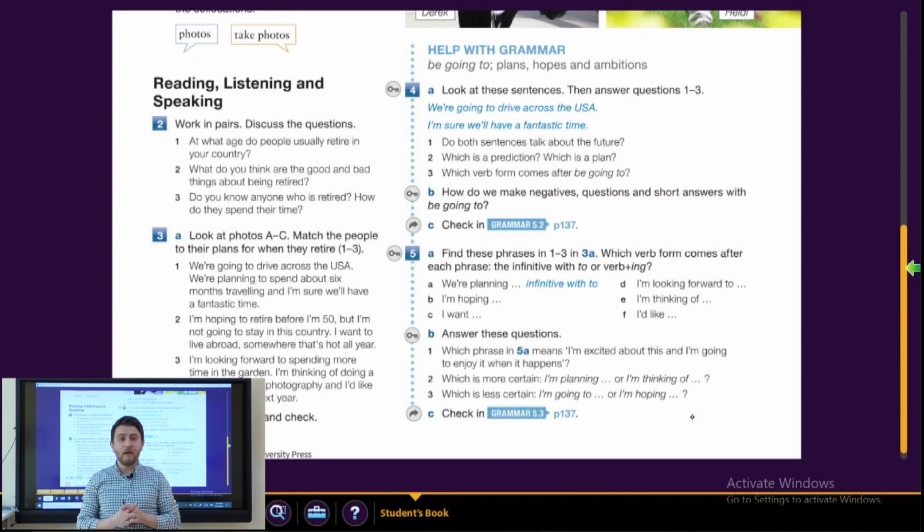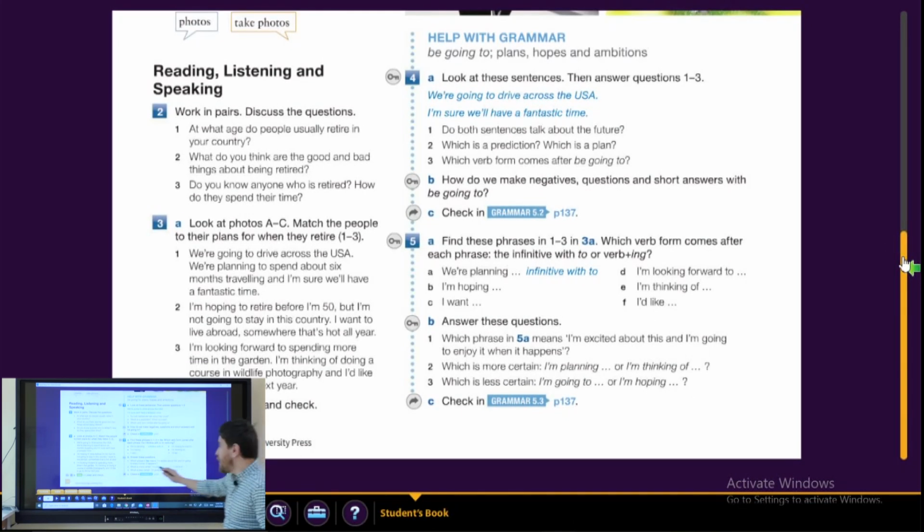Like I'm hoping to move. I haven't got that much hope, for example. What are you hoping to do? For example, here, what is she hoping? Oh, sorry, I'm hoping to retire before I am 50.